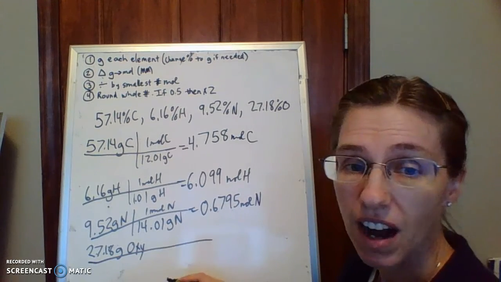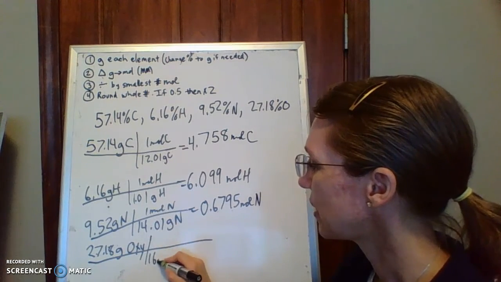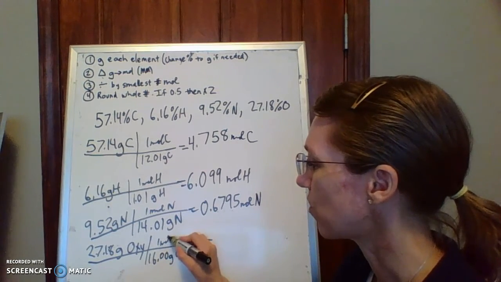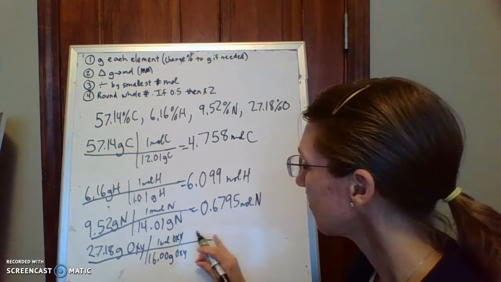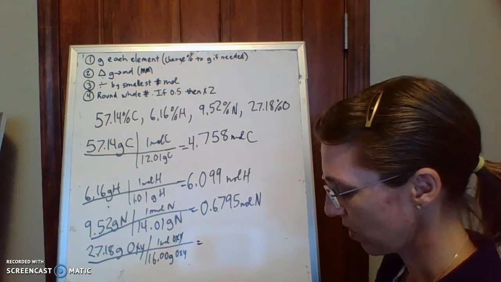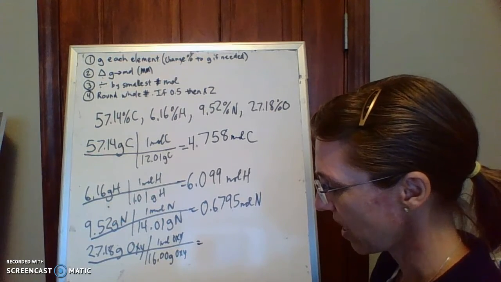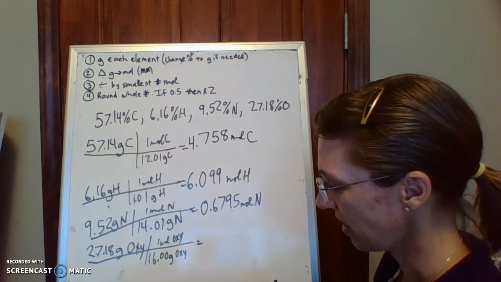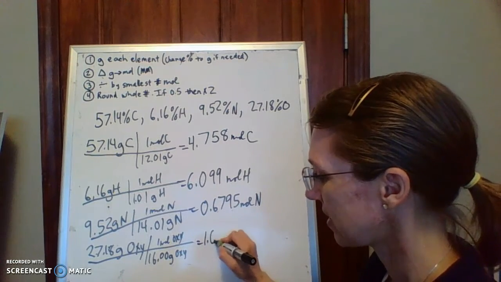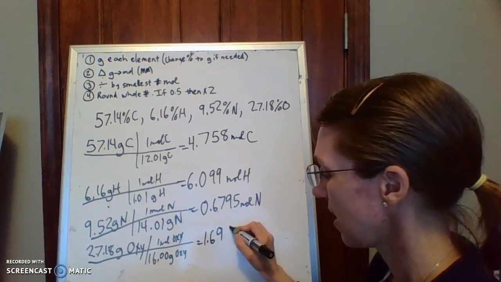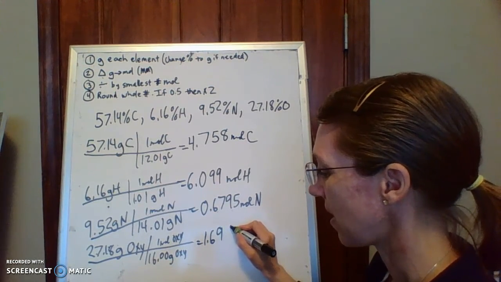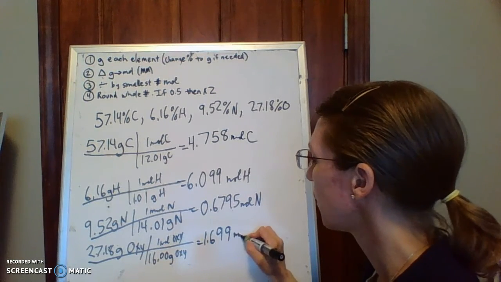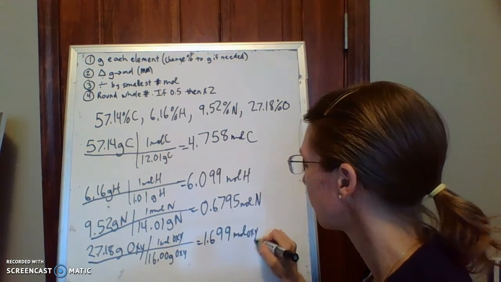And then finally our oxygen, we have 16.00 grams of oxygen per 1 mole of oxygen equals 27.18 divided by 16 equals 1.6987. So we're going to round up to 1.699 moles of oxygen.